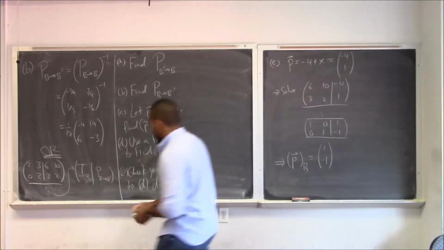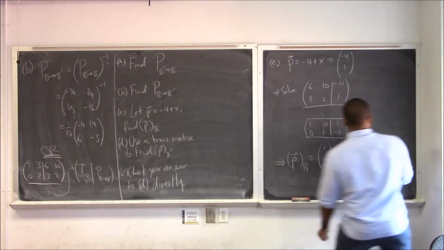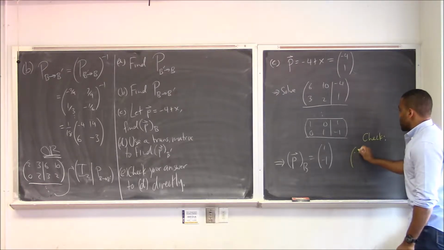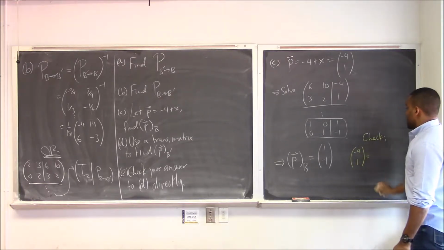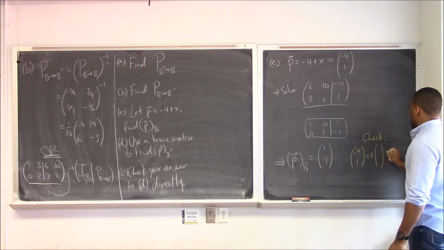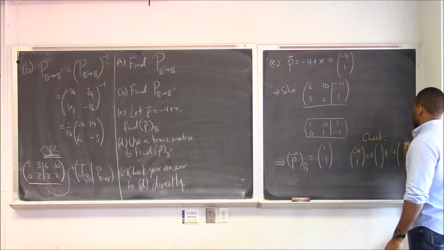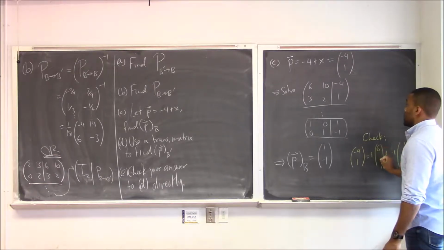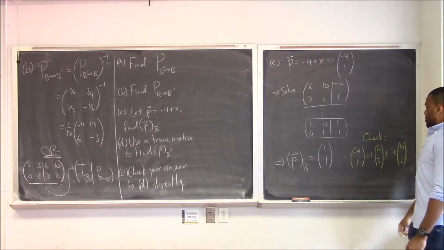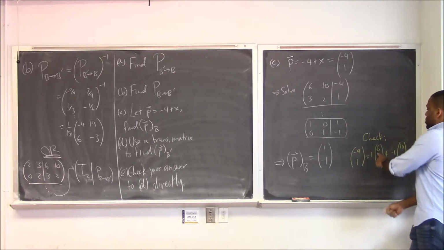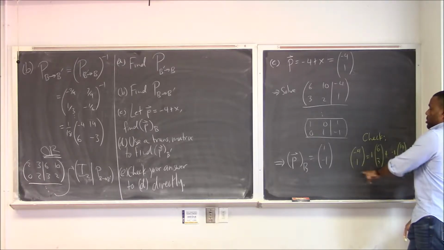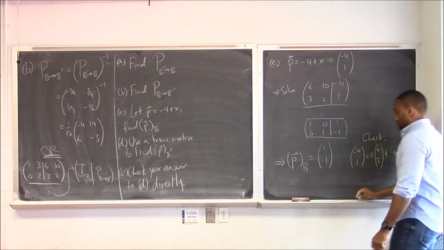And you can check that. Let's make sure that actually makes sense. If I look at minus 4, 1, I claim that that is 1 times the first basis vector plus minus 1 times the second basis vector. Is that the case? Well, yes, 6 minus 10 is minus 4. 3 minus 2 is 1. So that actually works out.